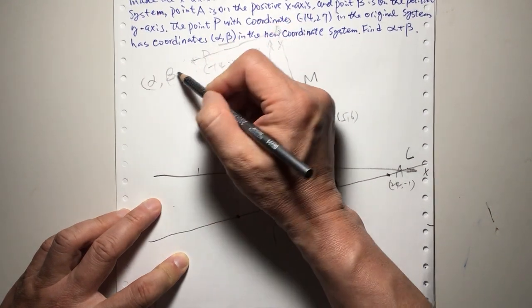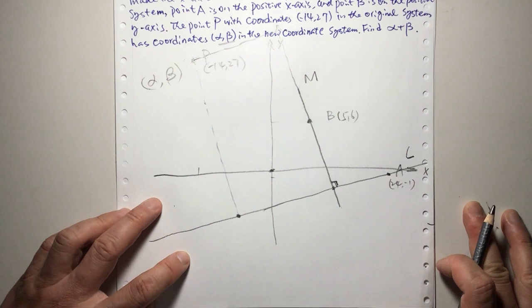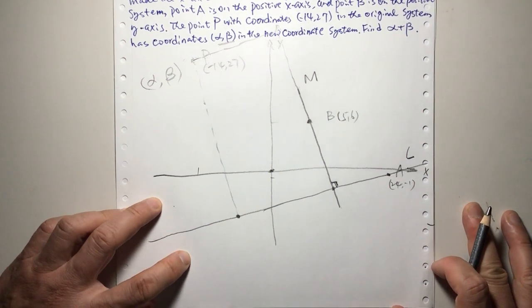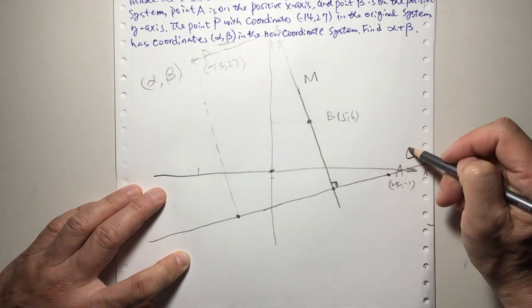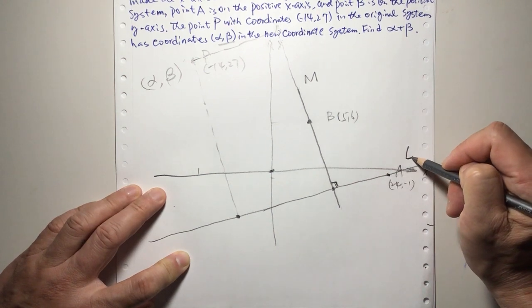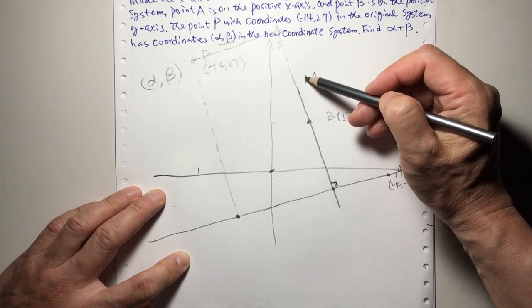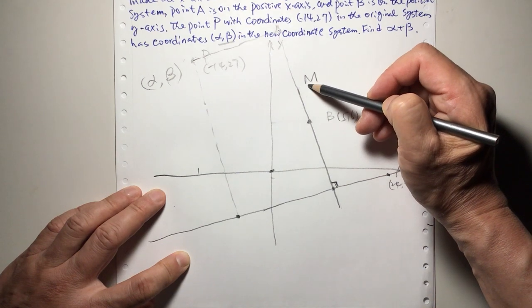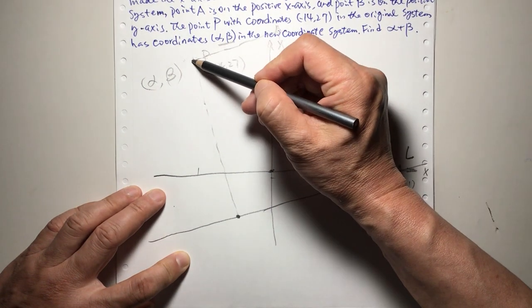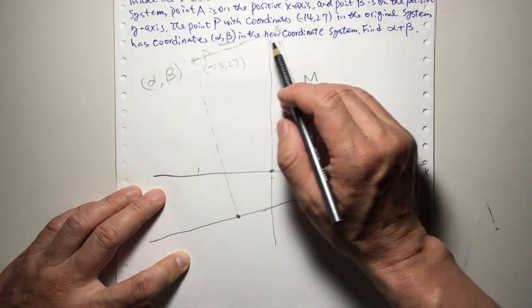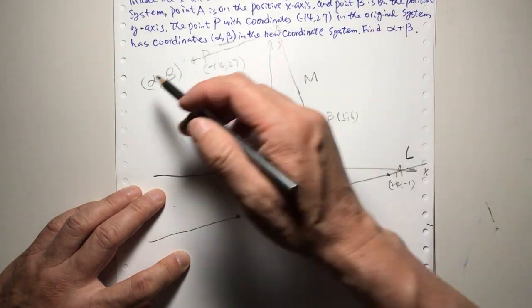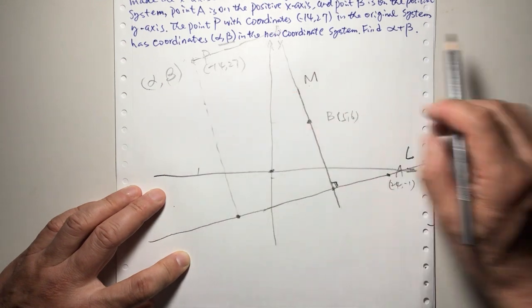That's alpha, and that's beta. We should write down the equations of line L and line M, then calculate the distance from point P to L and M, and then we can easily get alpha plus beta.